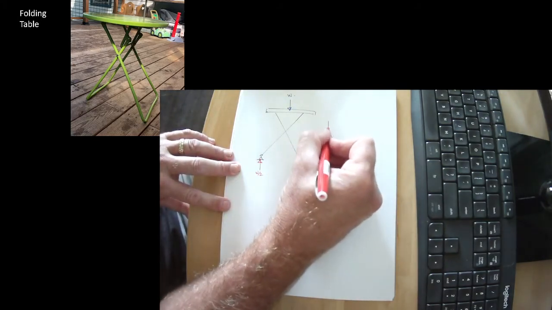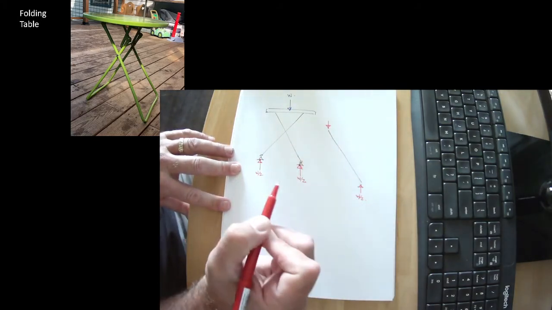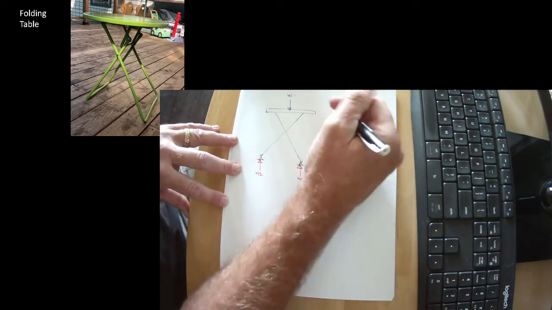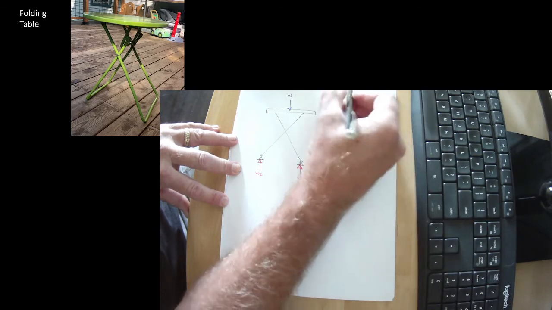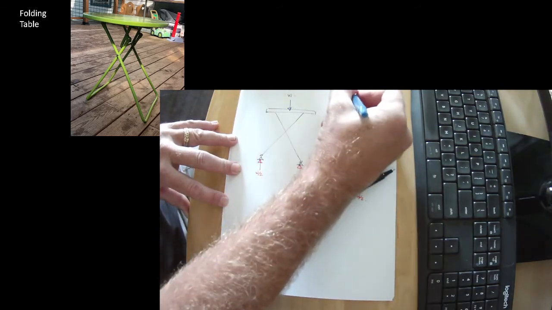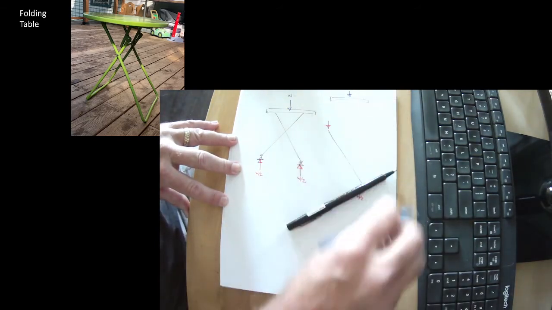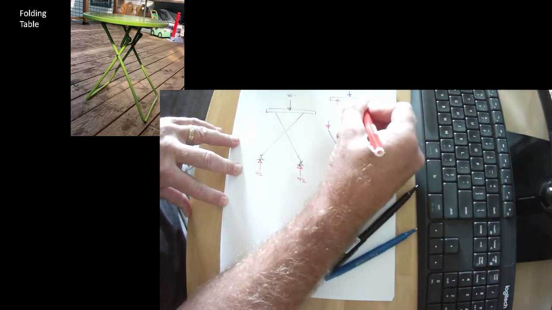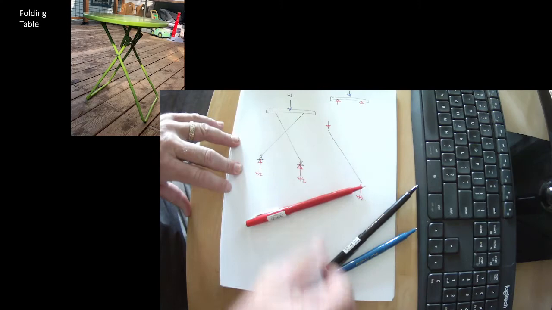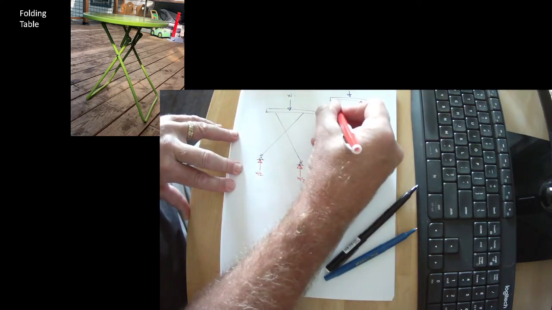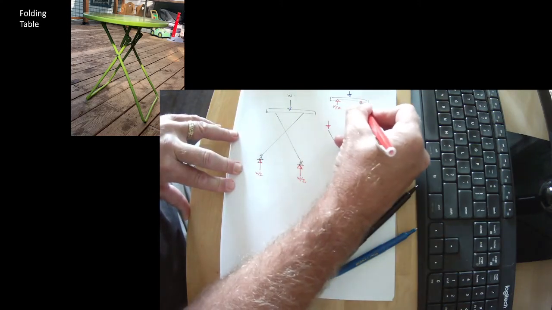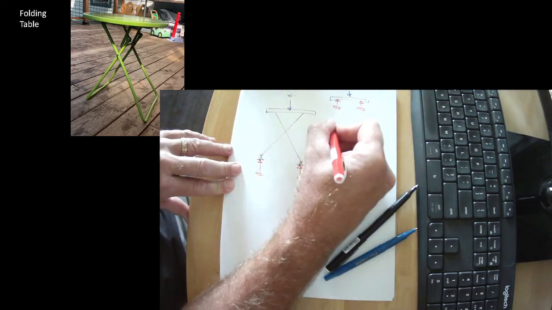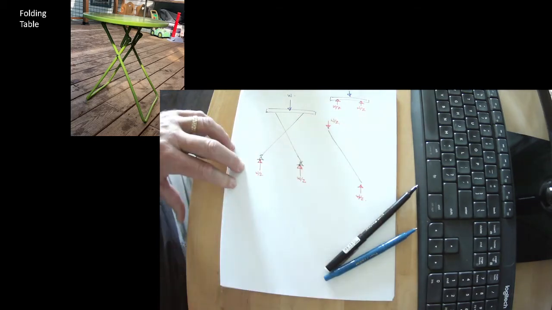We know we have a force coming down from the table, and if we break it apart, we look at the table independently. We have W over 2, W over 2. It has to be. So this has to be equal to W over 2.